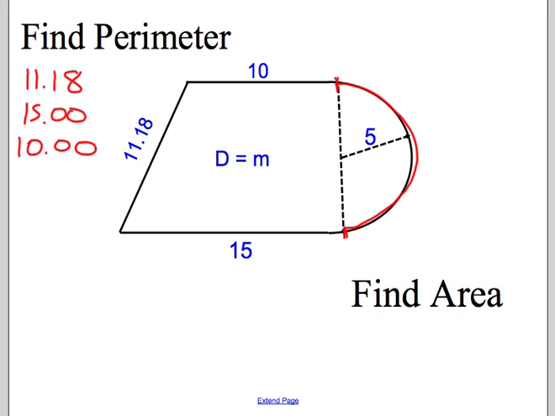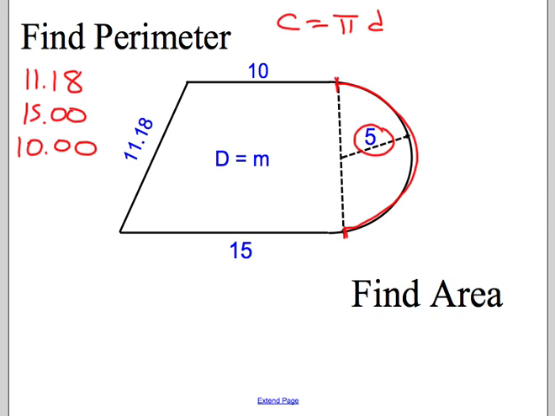So I'm going to pretend that it's a full circle. What's our formulas again? Pi d, pi r squared, pi d, pi r squared. So pi d is circumference. I'm going to write that out. Circumference is pi d. We're given that the radius of this circle is 5.